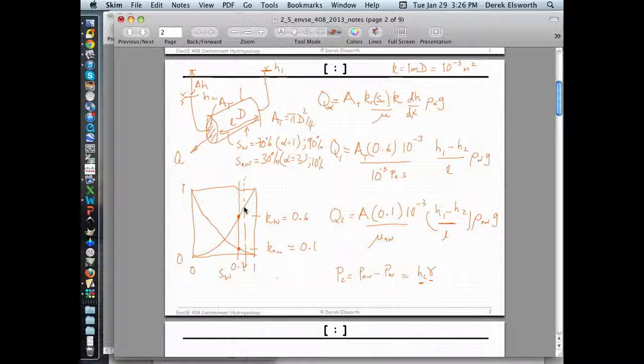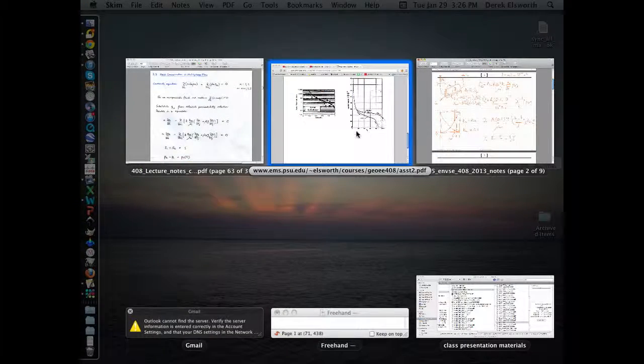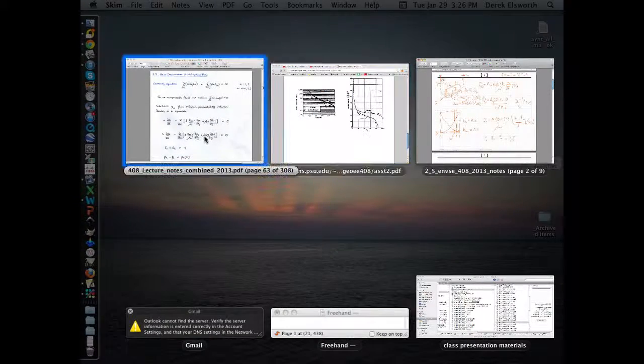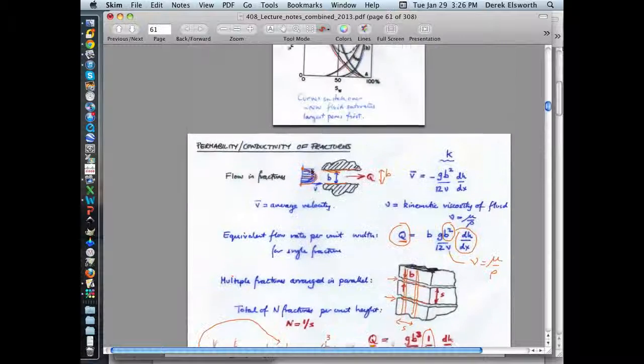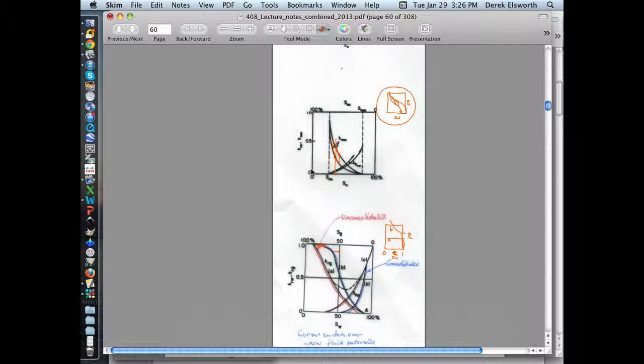If I draw these curves like this. So this is the flow of the wetting fluid, water. This, instead of being 0.6, it would be 0.7. This, instead of being 0.1, would be 0.05. That's okay. But what we've ignored, maybe, is that we haven't drawn our figure like this.